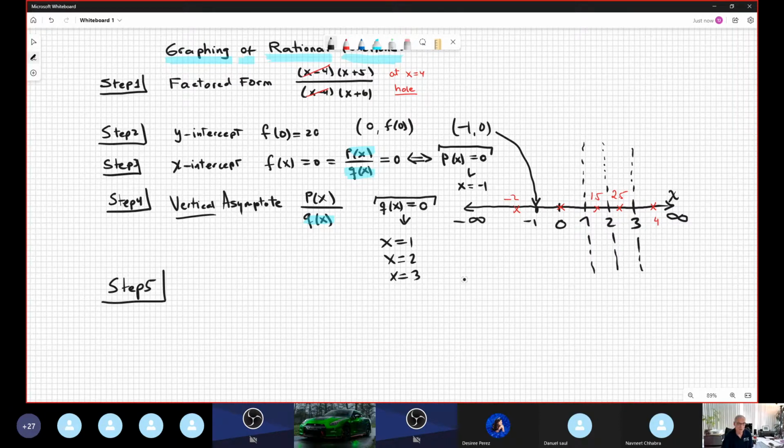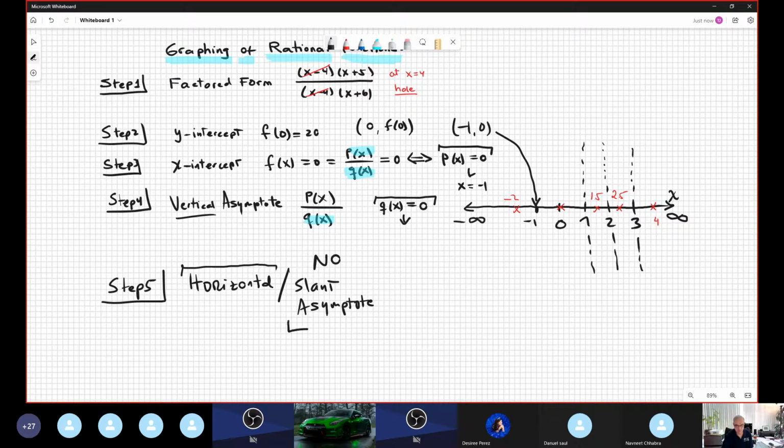Now, step 5 is important: the horizontal or slant asymptote. This idea is completely exclusive. If you have a horizontal asymptote, for sure you have no slant. If you have a slant, we have no horizontal.